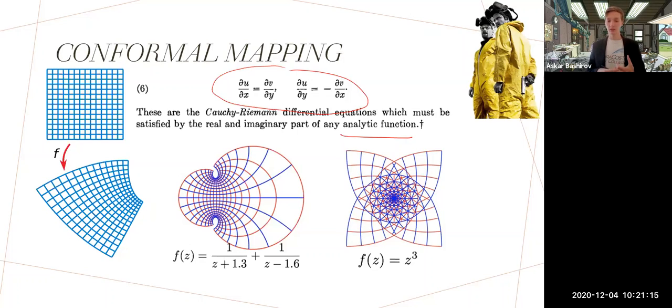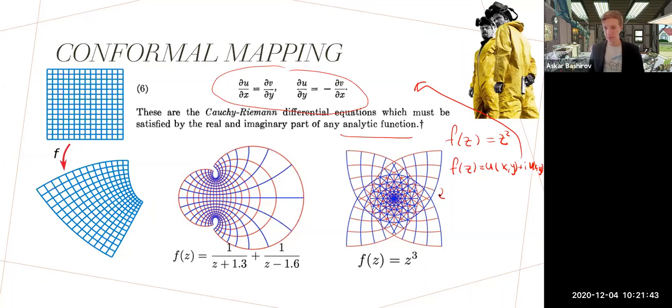And let's actually check it for f(z) = z squared. So f(z) equals u(x,y) plus i times v(x,y). This is what's written here. What do u and v mean? u is just the real part and v is the imaginary part.